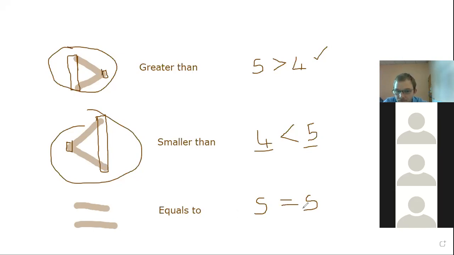I want to leave you with this for today. I know we don't have a lot of time left, and we had some audio issues, but that's fine. This is very important to know. Where the mouth is bigger, the other side is smaller.